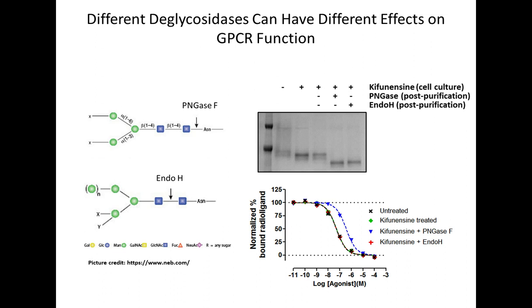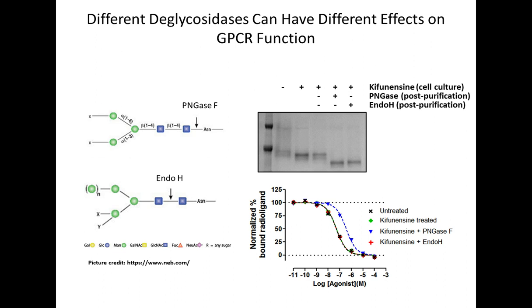You can see that by the fact that the black lines and the green lines are completely on top of each other. Likewise, when we use EndoH to remove the remaining glycans, leaving only that last GlcNAc residue, that also has no impact on the ability of the receptor to bind to the agonist.